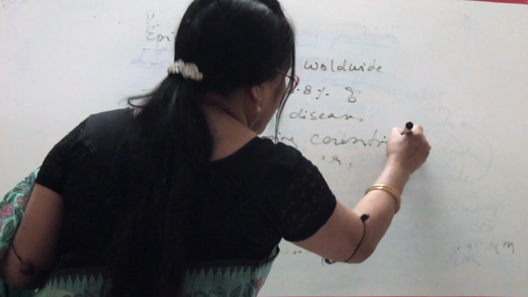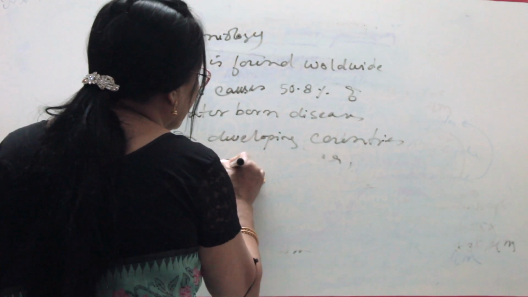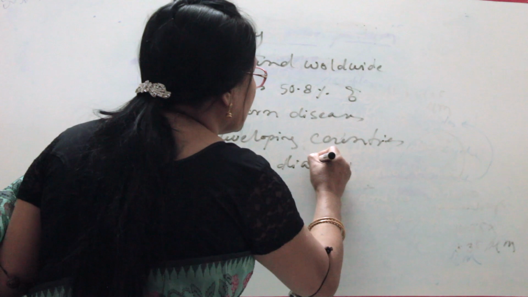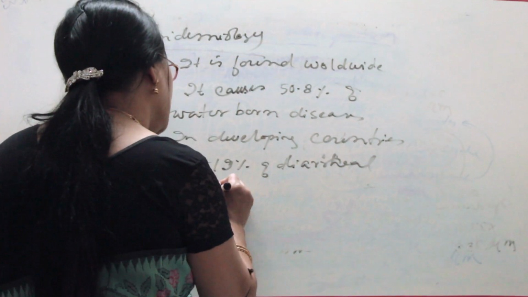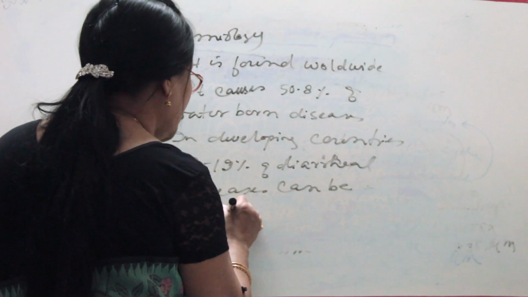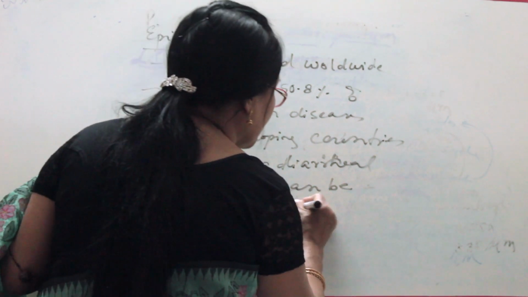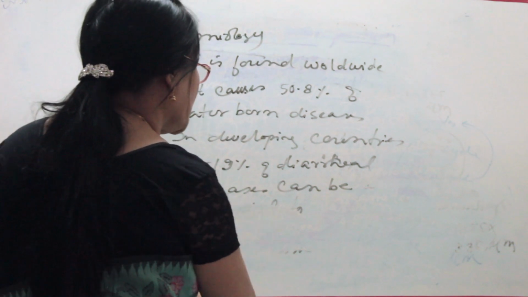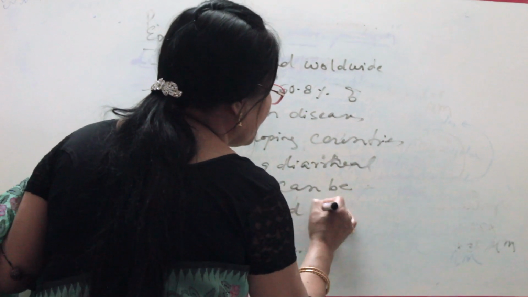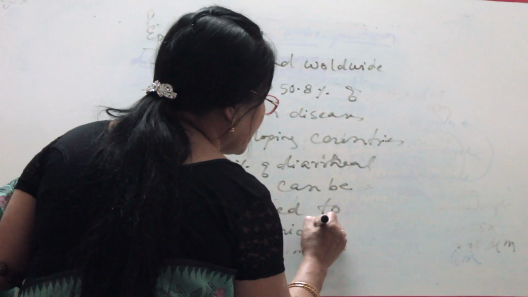And in developing countries, 8 to 19% of diarrheal diseases can be attributed to Cryptosporidium.